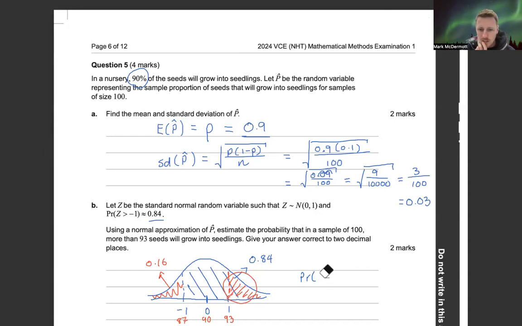Okay, I think so. A few things, because the sample proportion is given by this. It's wrong. P hat is equal to x over n. So really what we're representing when we say more than 93 is we're saying x needs to be greater than 93. So I think that's how I might notate it. And I reckon the answer is 0.16. But I'm happy to be corrected on that one.